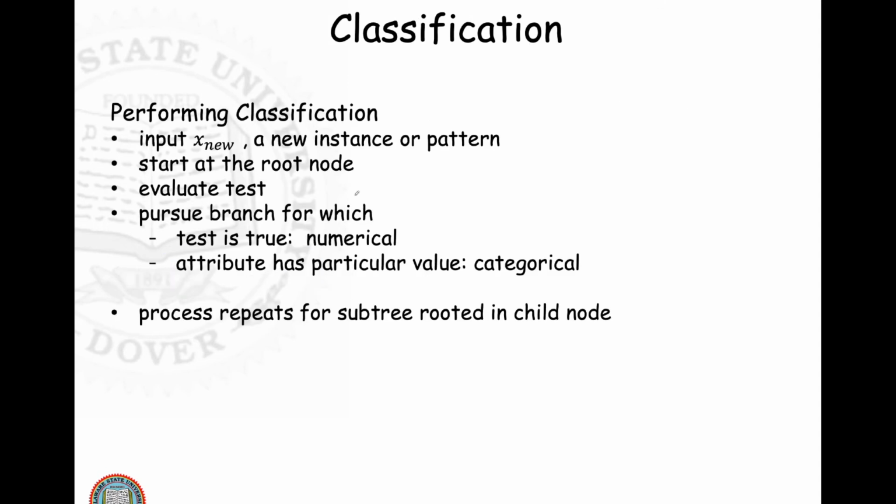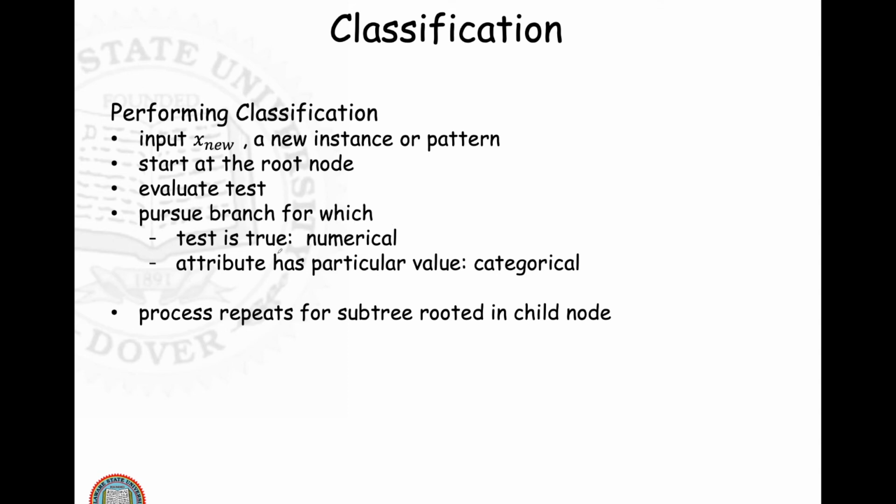And when you perform classification, for each node, each one of those tests corresponds to that less than, greater than, or equal to. You're going to take a new input feature vector, calculate its features, and then start it at the root node and evaluate the test. Now, when you evaluate this test, you're going to pursue a branch emanating from that node for which the test is true. If it's numerical, is the test true?